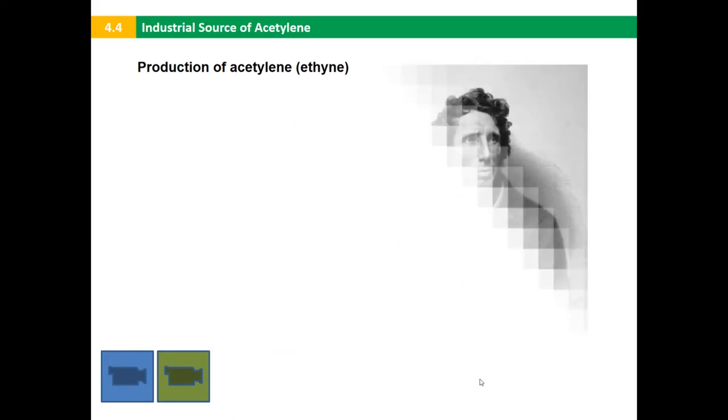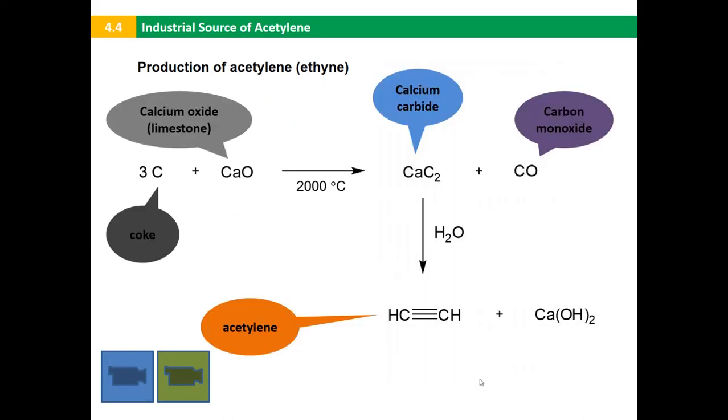And for the industrial source of acetylene, here is the reaction, or we call it the method of preparation on how to produce an alkyne. Start from coke. Coke reacts with calcium oxide, or another general name we already know as limestone.